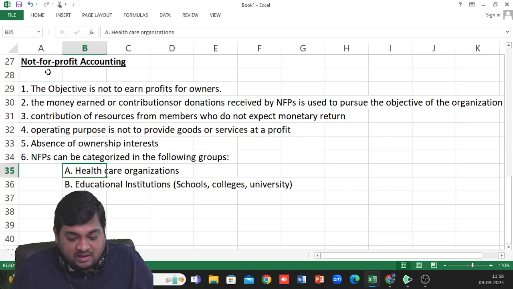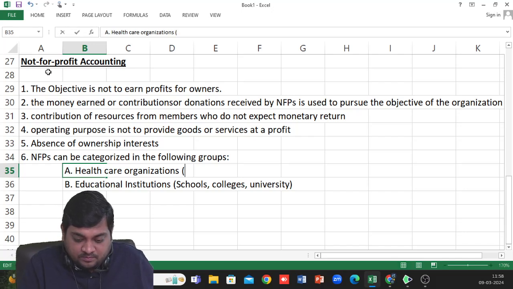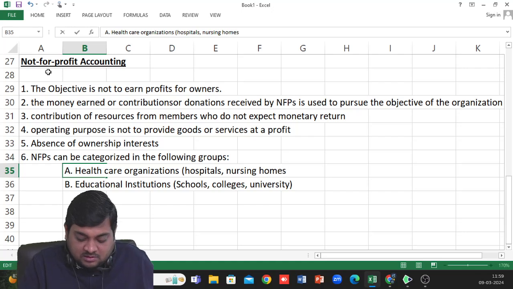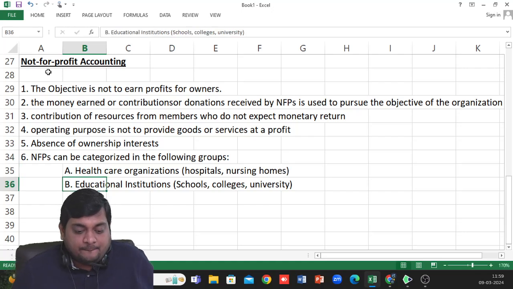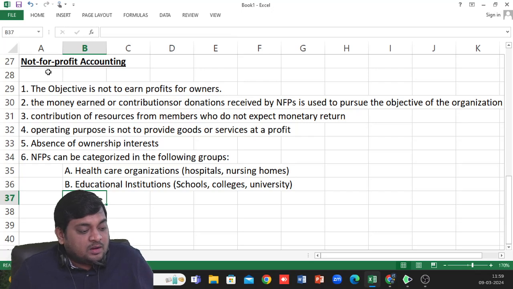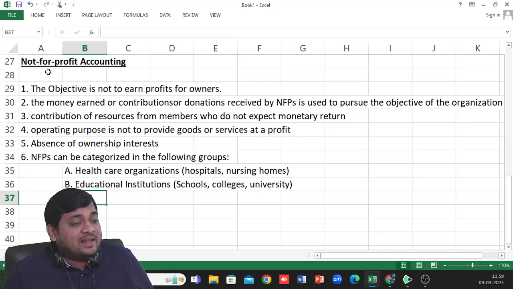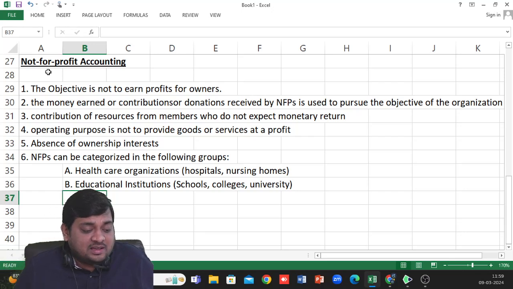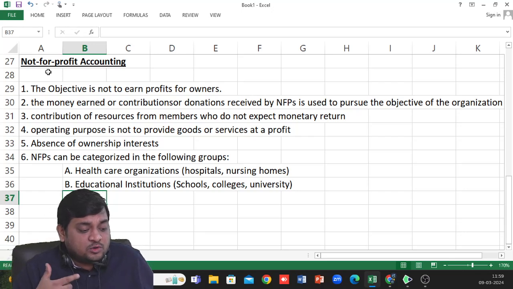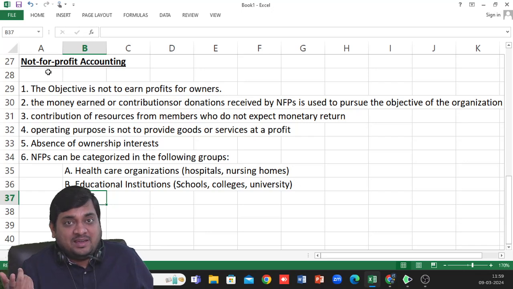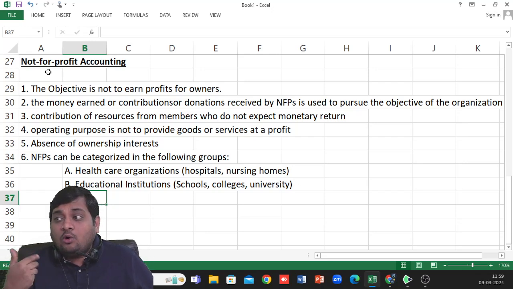And this one we have hospitals, nursing homes, etc. Right. Now, there are some voluntary health and welfare organizations like United Way, Red Cross, Greenpeace. Like in India, we have old age homes, right?